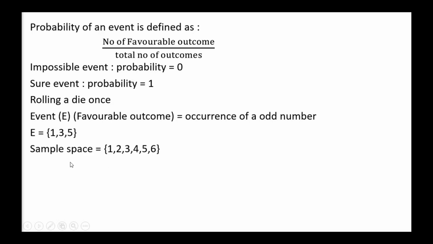So here the sample space are all those numbers. So the probability of E will be the number of elements in this bracket divided by the total number of outcomes.